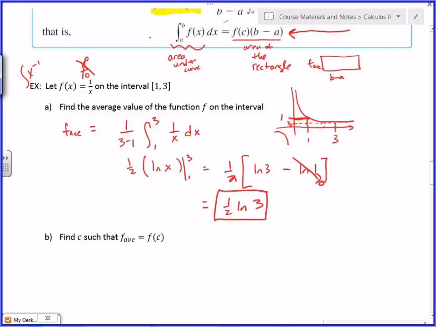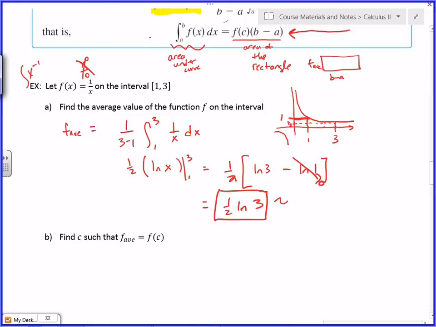Now 1/2 log of 3, give or take, is somewhere between those two. It has to be somewhere between those two. It's actually bigger than one over 3. Yep.